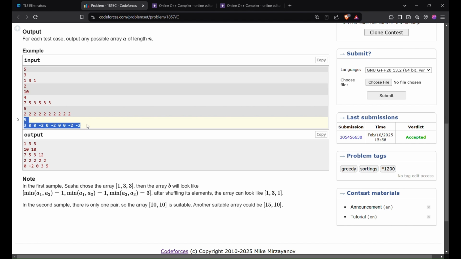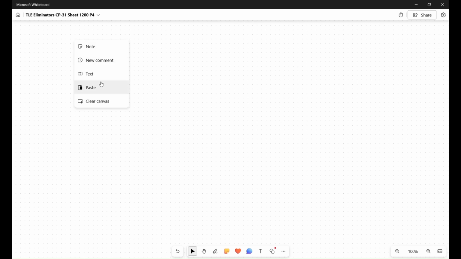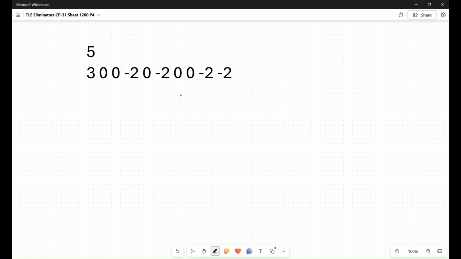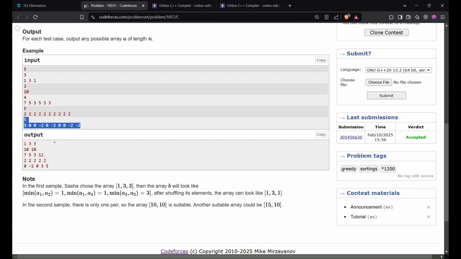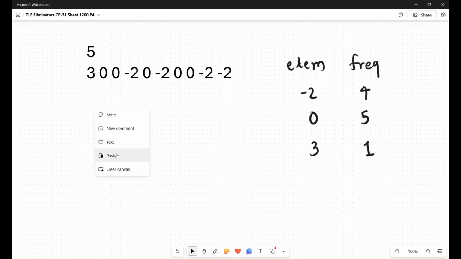And here let me explain this test case as well. To get a grasp of my solution, you must understand how the sample test cases are working. So here we have the element and the frequency. Minus 2 is appearing 4 times, 0 is appearing 5 times, and 3 is appearing 1 time. So here they have given the array as this.